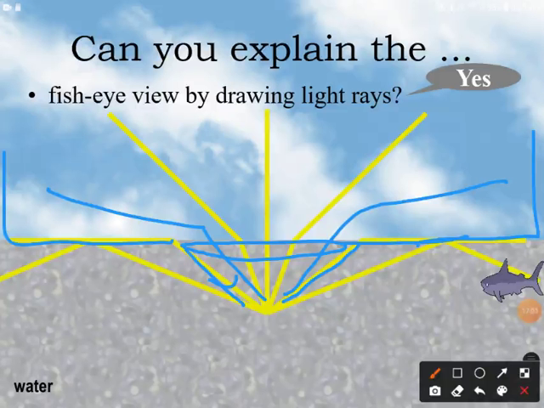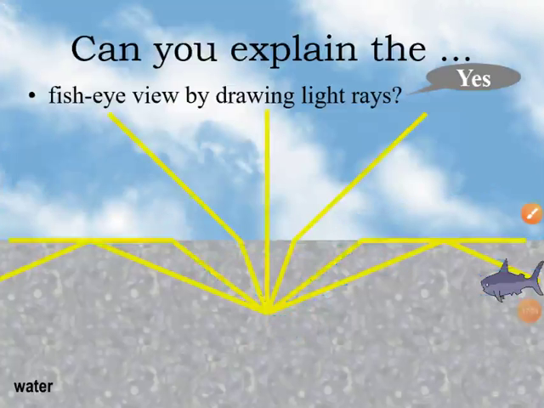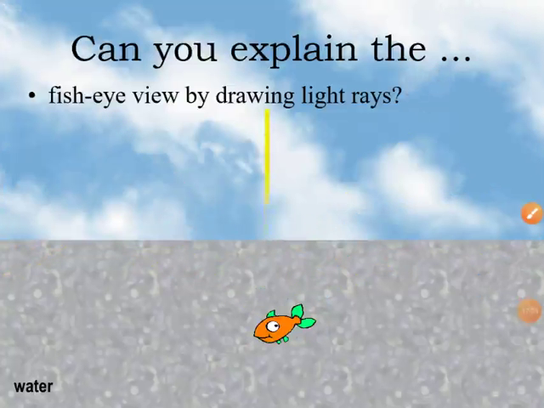And moreover, it can also be seen for objects coming like this, like the shark, because due to total internal reflection, light coming from here will go to this and it can be easily seen by that small fish here. Got it? So let me show you again.